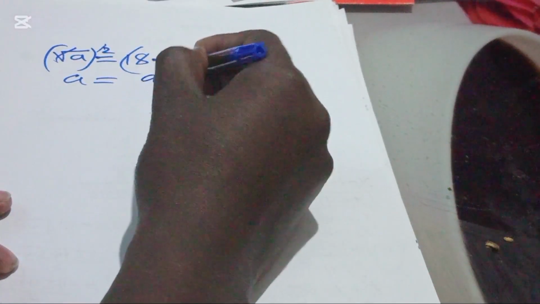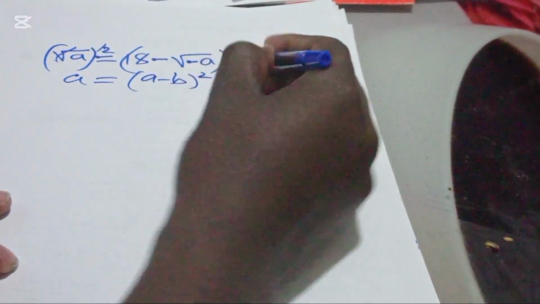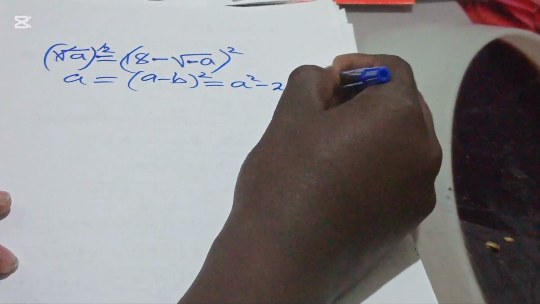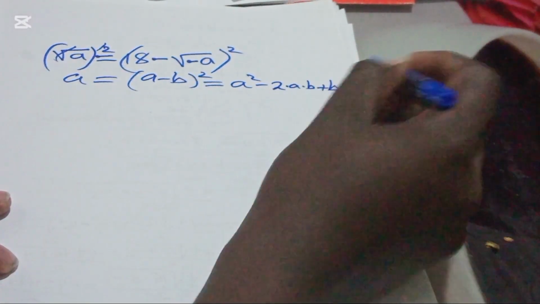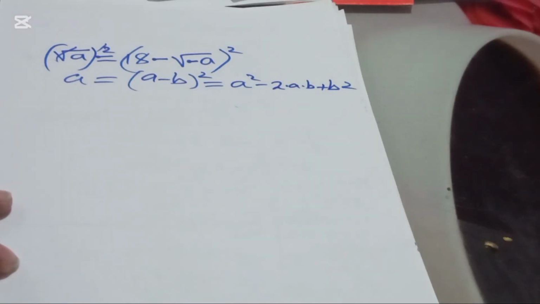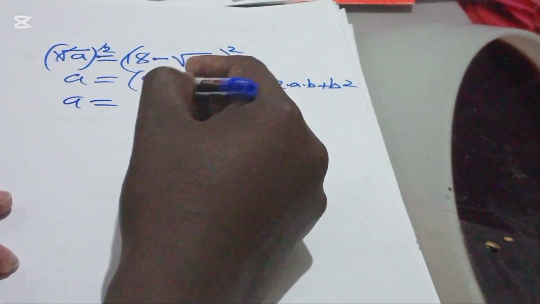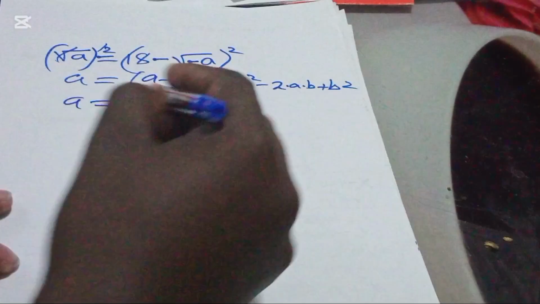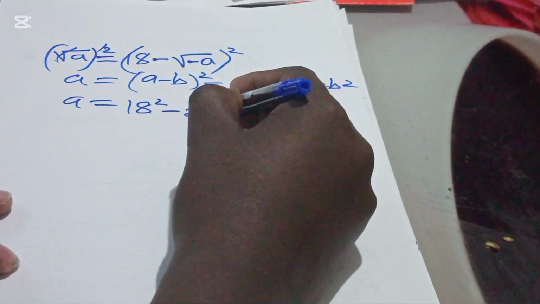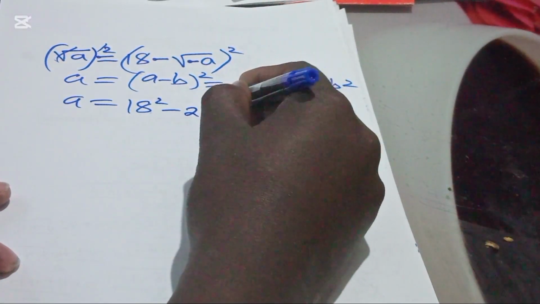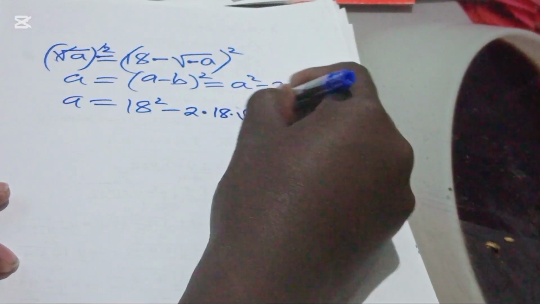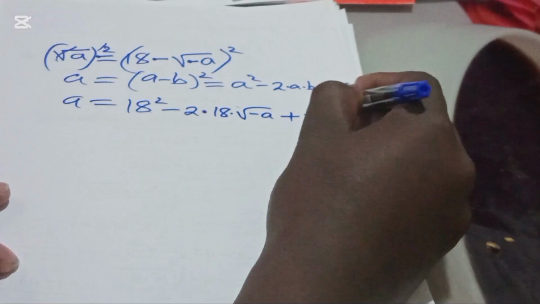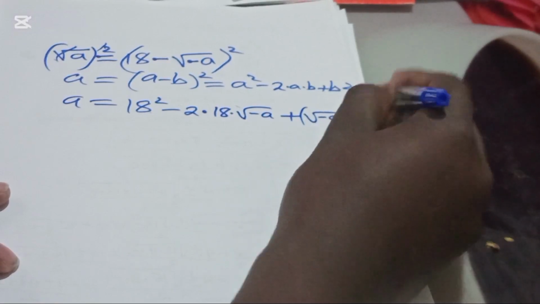This is in the form of a minus b squared, which is a squared minus 2ab plus b squared. Applying this identity, a is equal to 18 squared subtract 2 multiplied by 18 multiplied by the square root of negative a, plus the square root of negative a squared.